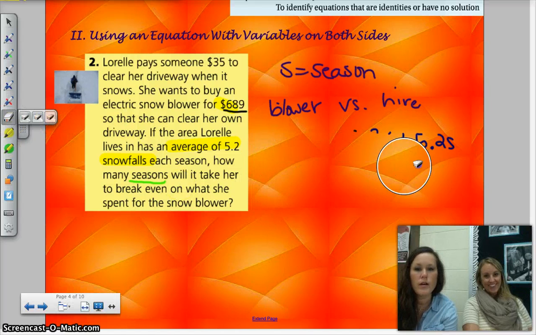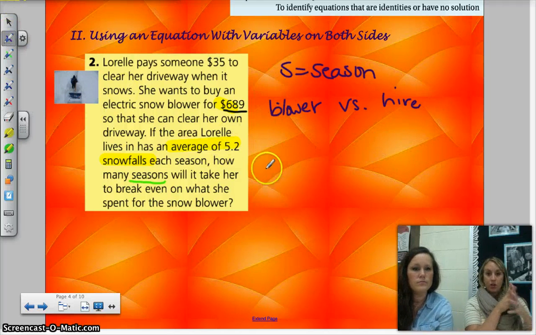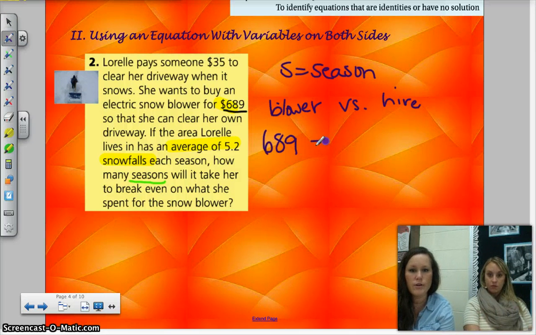But we are doing, okay, so you are still trying to compare what is cheaper, to buy a snowblower or to pay someone to come and shovel. So $689 versus $35, 5.2 snowfalls a year. So think of it this way.